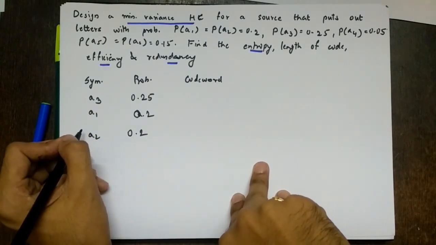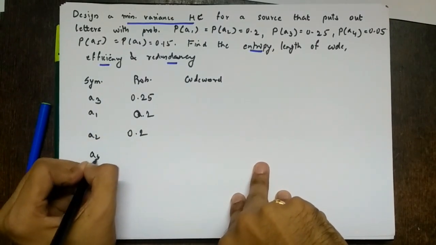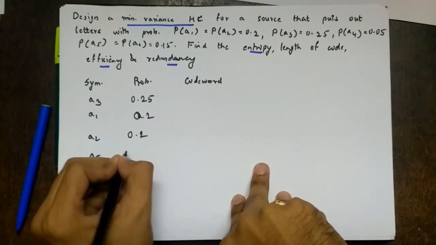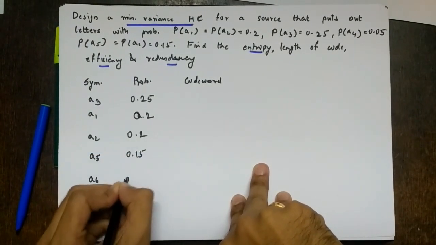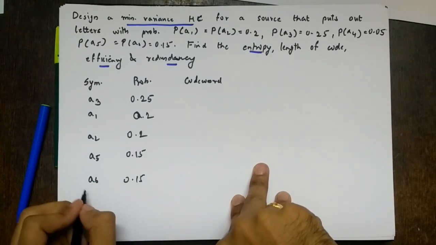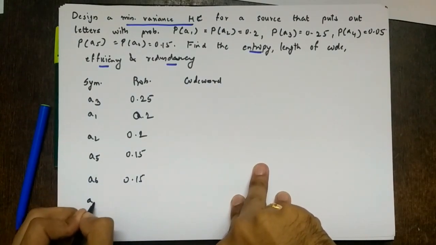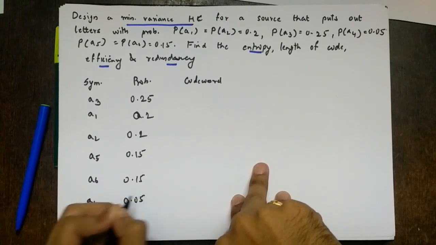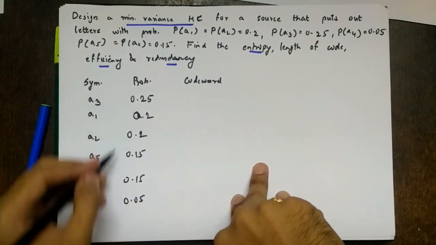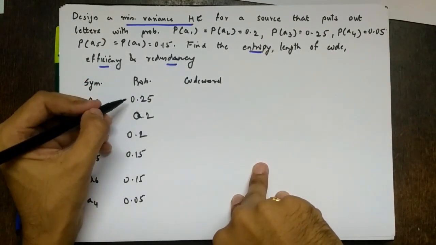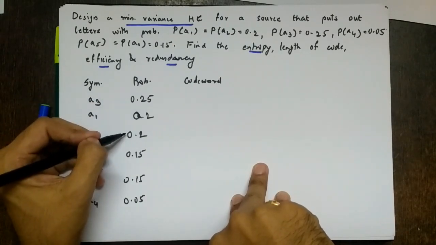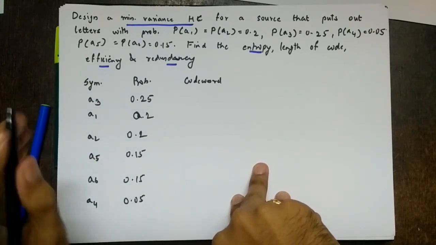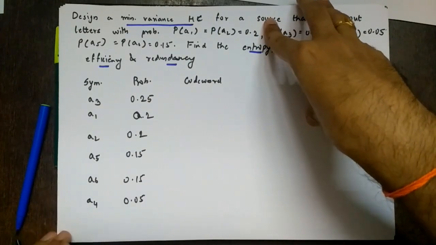Then 0.15 for A5 and A6. Then we have only A4 remaining, 0.05. Again, to check whether the question is correct, just add; the sum should be 1.0. So 0.45, 0.65, 0.8, 0.95 and 1.0. Okay, so the question seems to be correct.